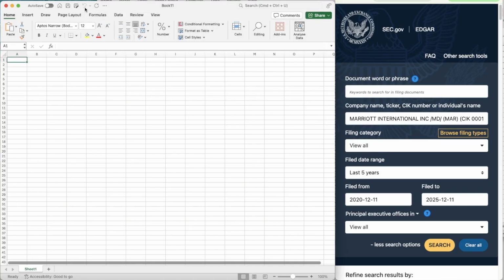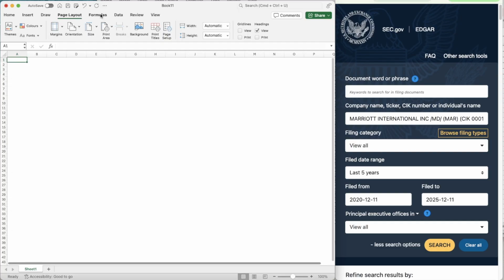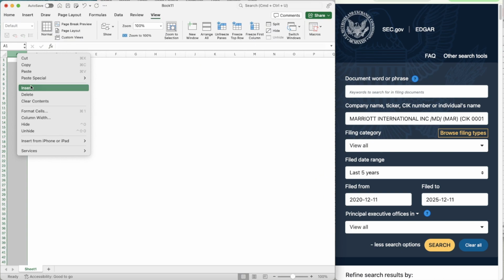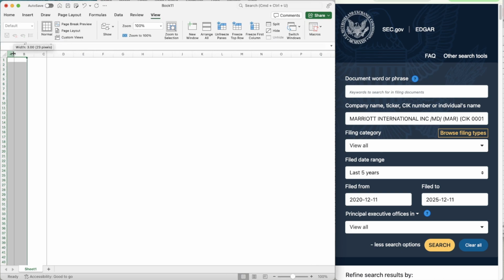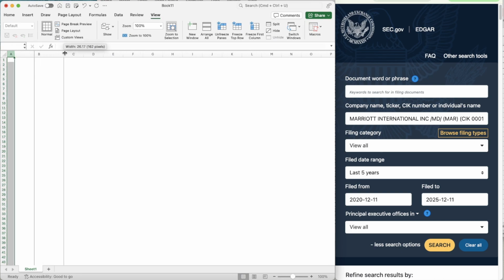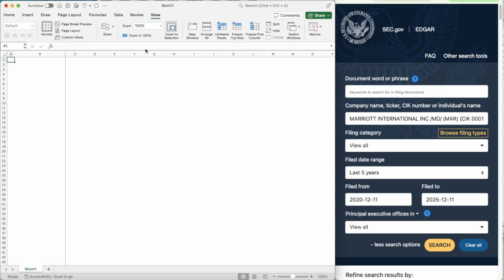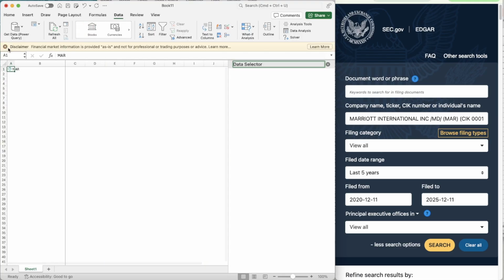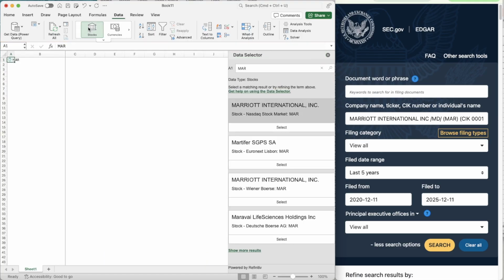The first thing we do on your spreadsheet is remove your grid lines, go to view, and also freeze the first column. Insert another column before the A, make your A smaller and your B larger, and in cell A1 put MAR. This is the ticker for Marriott. Then select the cell, go to data, go to stocks, and it should allow you to choose the one that's listed on the NASDAQ.